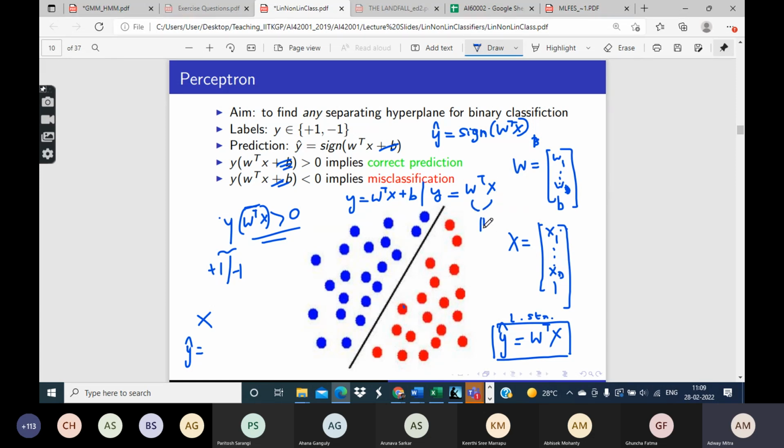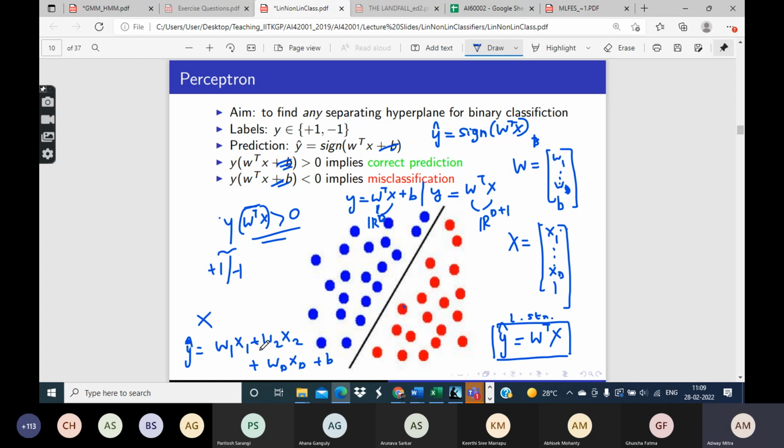The vectors which were originally d-dimensional now become d plus 1 dimensional, because we absorb the bias term into w. If we expand this, we can write y equal to w1 x1 plus w2 x2 all the way up to wd xd plus b.